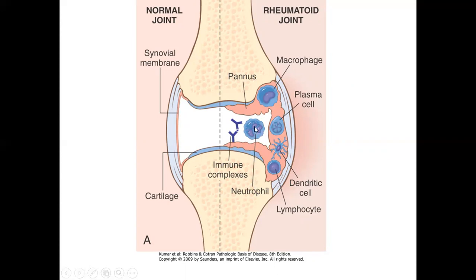There is proliferation of the chondrocytes and synovial cells, which lead to an edematous mass of tissue composed of granulation tissue, new blood vessels, and cells like macrophages, lymphocytes, and plasma cells. So this is pannus formation. This is how pannus is formed in the rheumatoid arthritic joints.